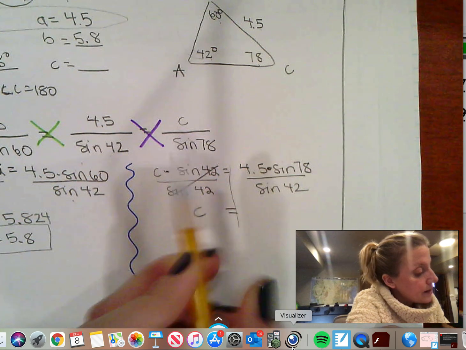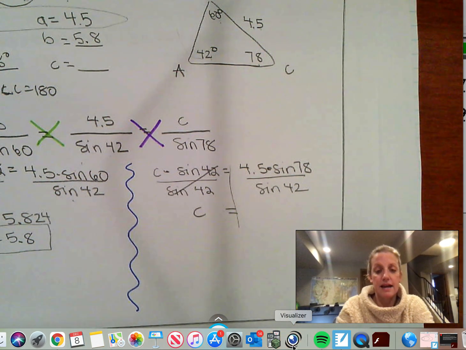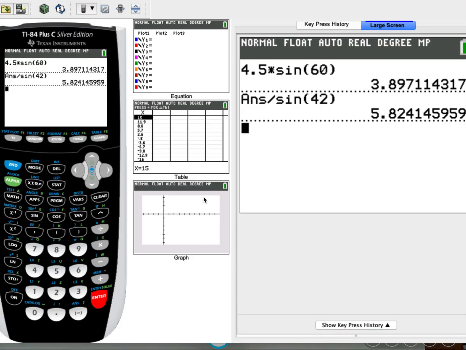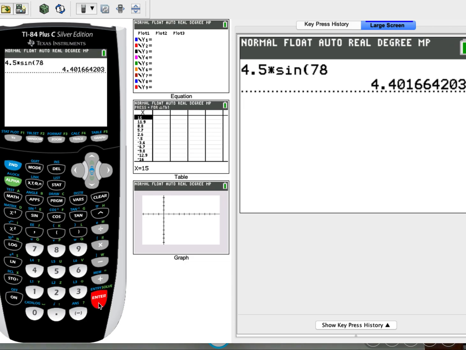And now what I'm going to do is 4.5 times the sine of 78 divided by the sine of 42. I want to make sure that I do the 4.5 times the sine of 78 first, and I press equal. Or if I do the sine of 78 first, I have to close that parenthesis before I hit times 4.5. Let's see what happens there. Do I get the same answer?